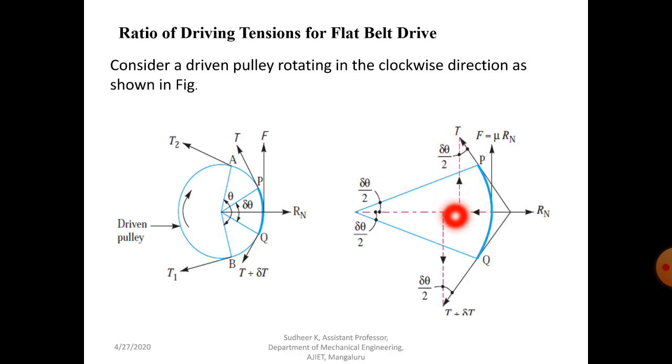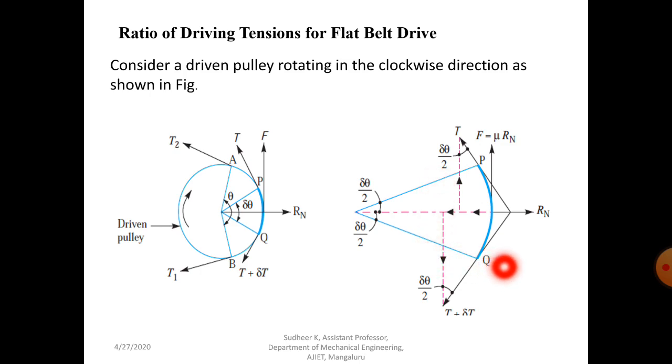If I consider a right angle triangle, sine d theta by 2 is equal to opposite side divided by hypotenuse. The hypotenuse will always be capital T. If I resolve this, you will get the two components, horizontal and vertical. For the horizontal component, sine d theta by 2 is opposite side divided by hypotenuse. The hypotenuse is T, the opposite side is the left side force, so that can be calculated as T into sine d theta by 2.